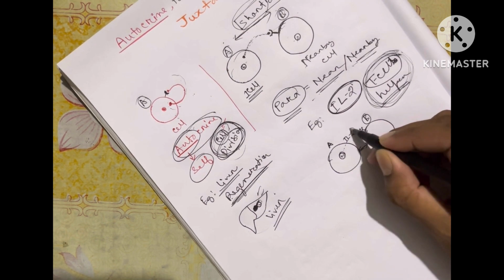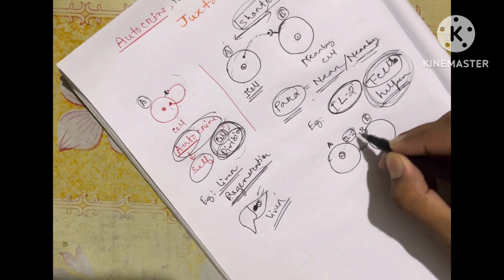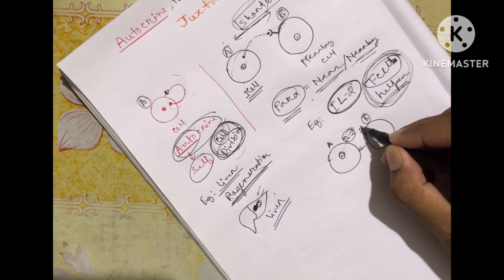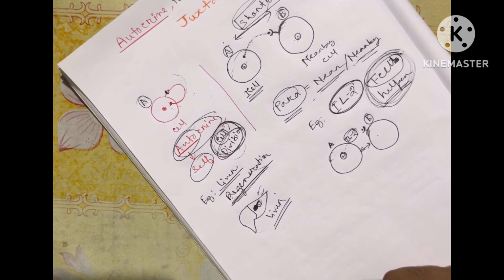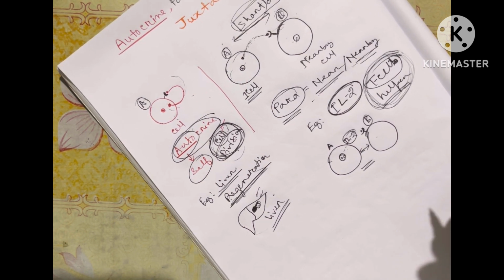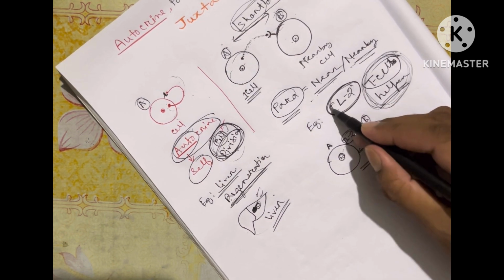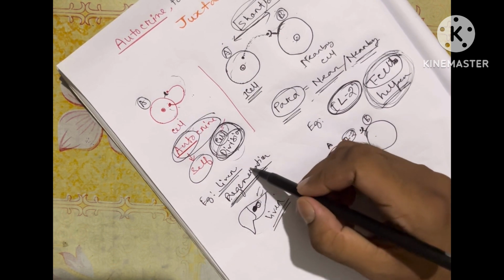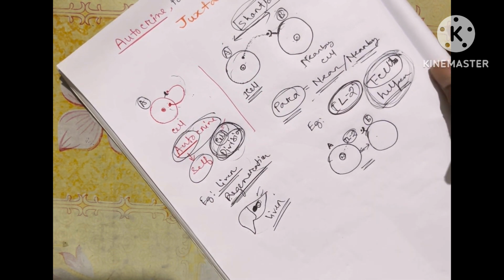Over a short distance, interleukin is traveling from A cell to B cell, and it binds upon the cell surface receptor. So this kind of signaling is called paracrine signaling. The example is interleukin 2, and here for autocrine it is liver regeneration.